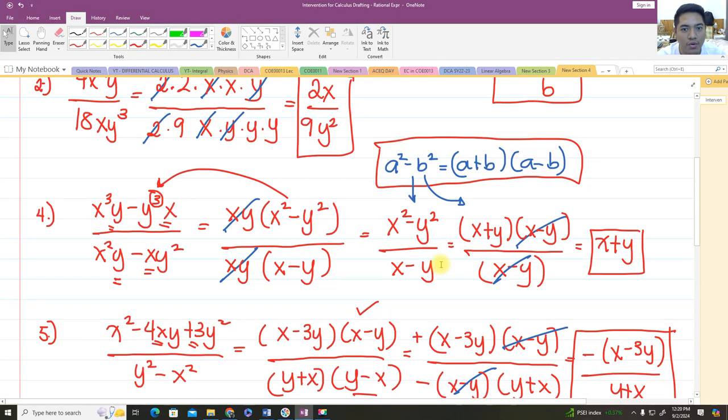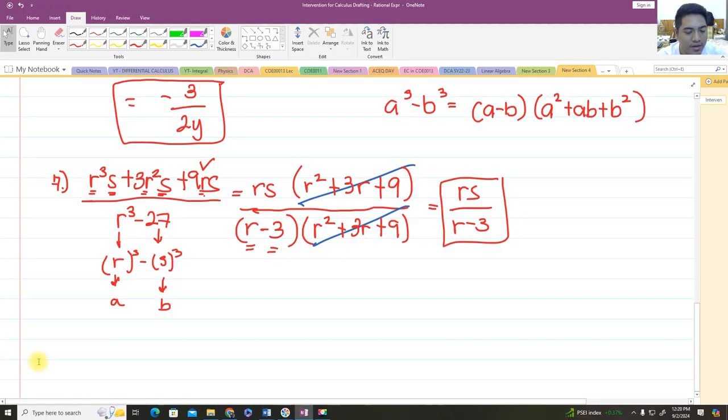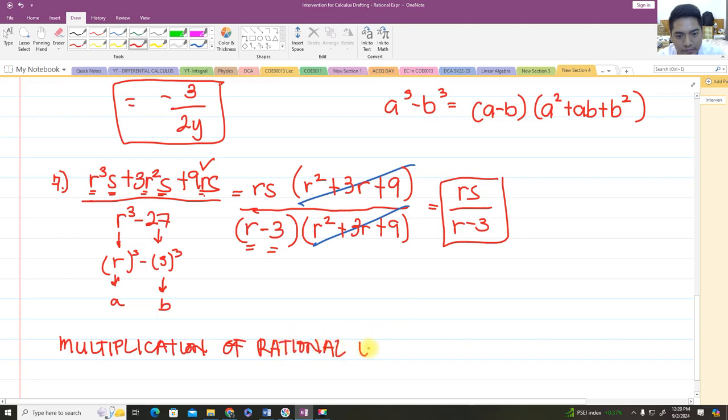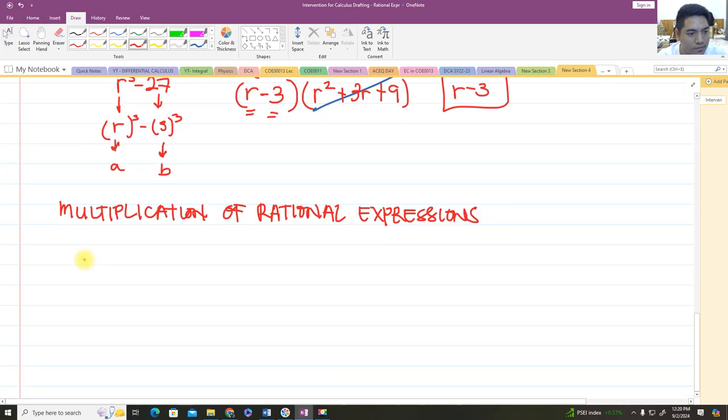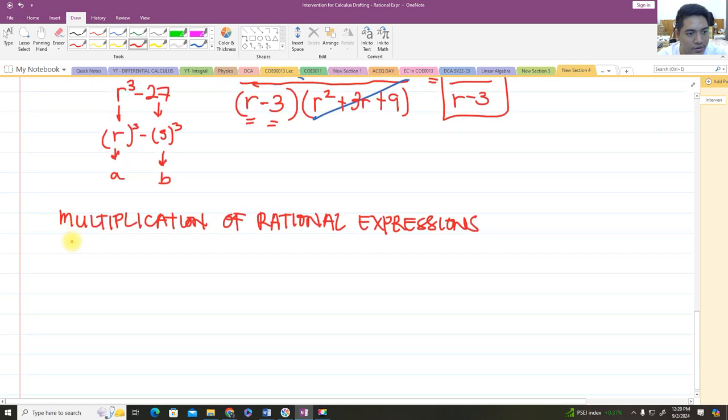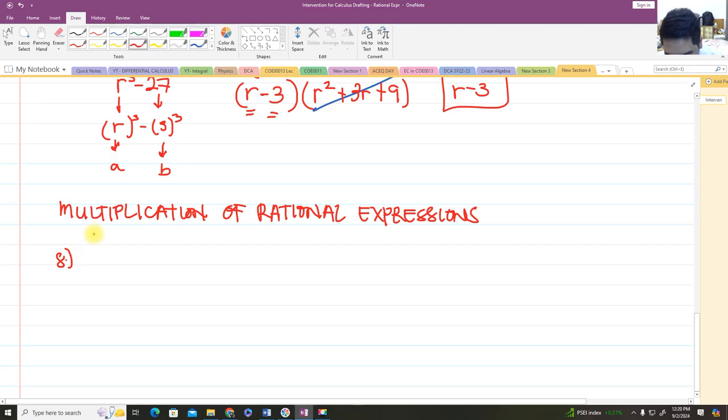How about multiplication of rational expressions? Let's try number 8.